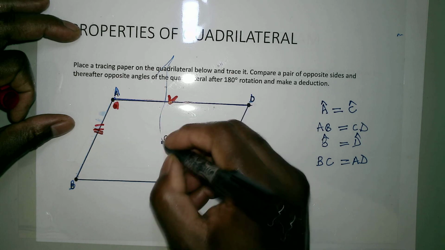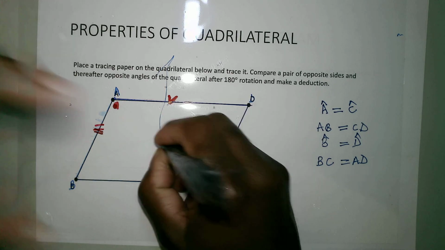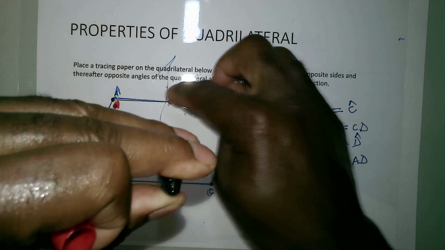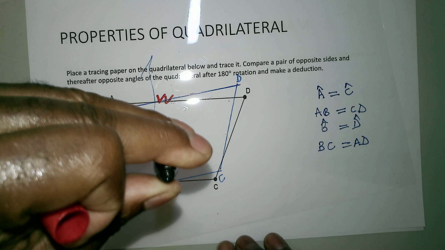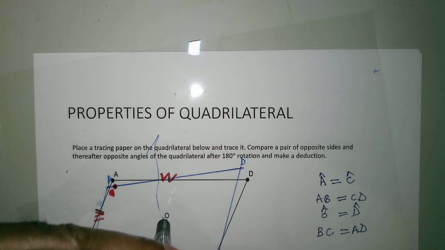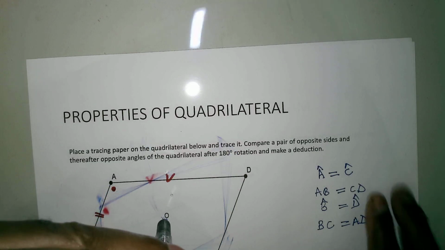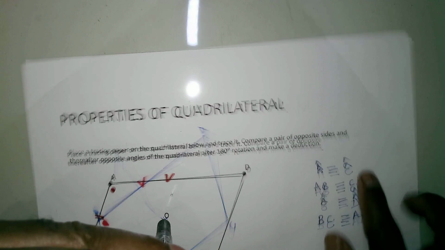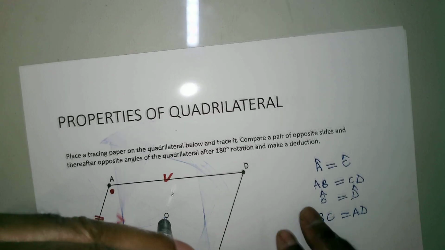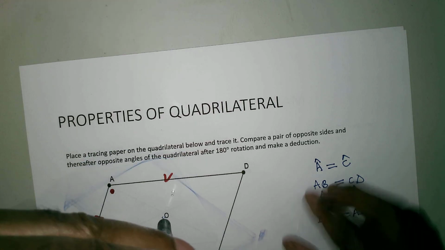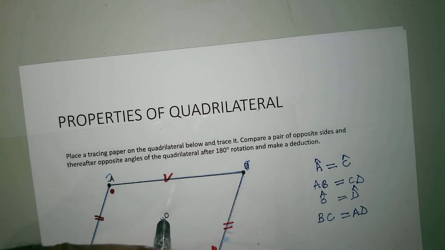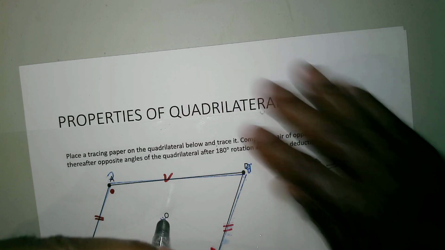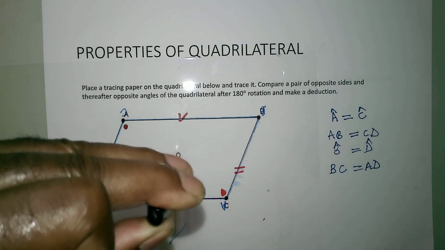There it is. You can see that the two sides are equal. I think up to here, opposite angles are equal. Angle B, I think we have already indicated that angle B is equal to angle D.